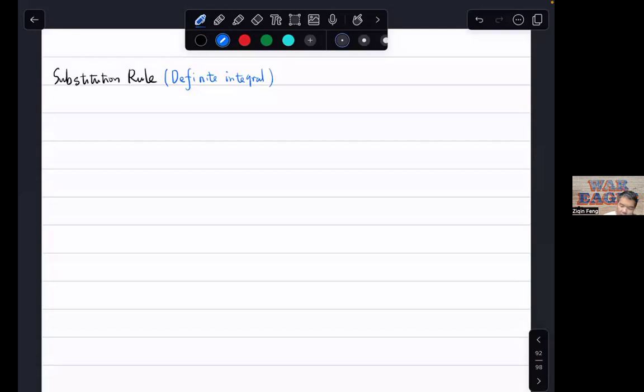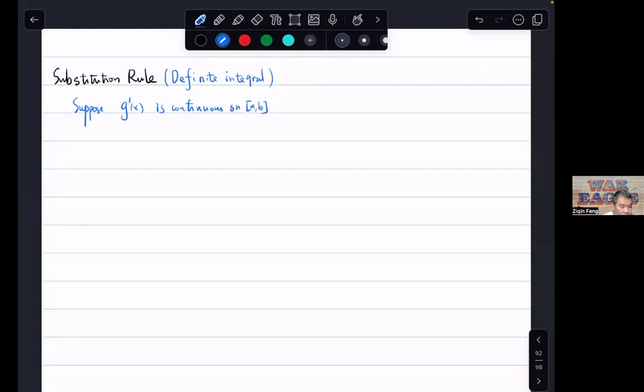So, we have some assumptions. Suppose the inner function g is differentiable and g prime of x is continuous on [a, b].